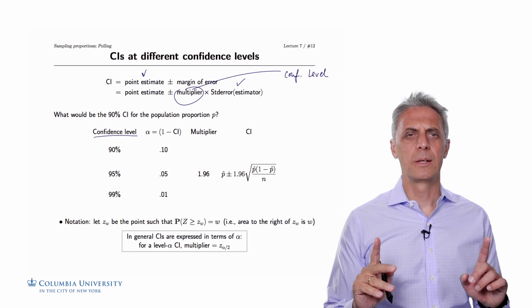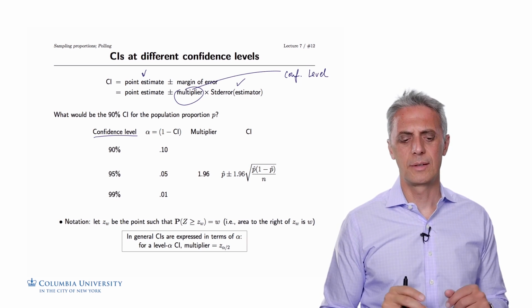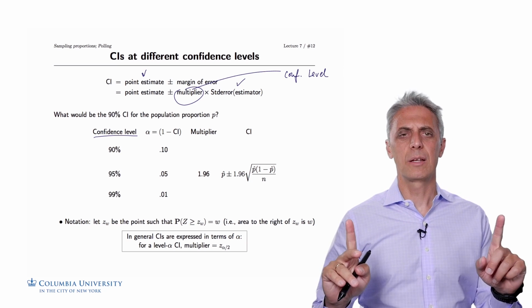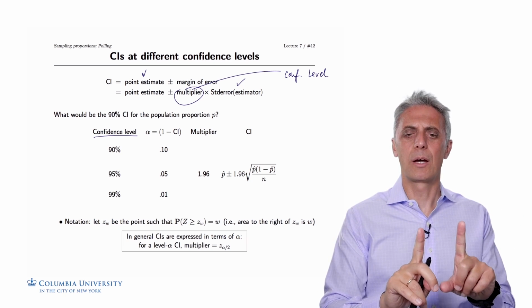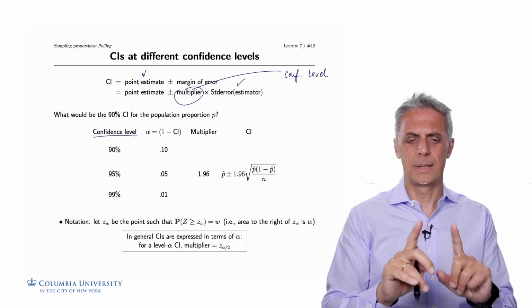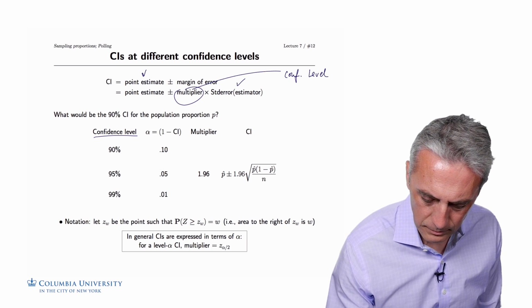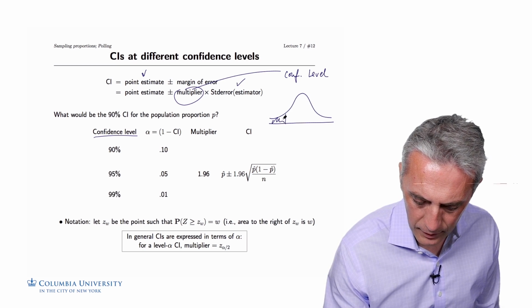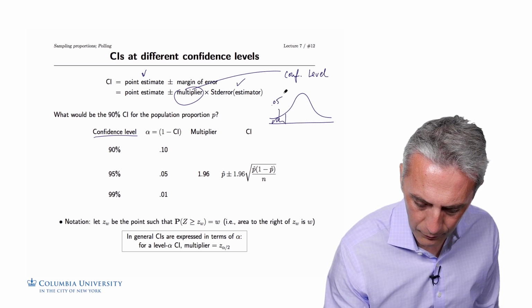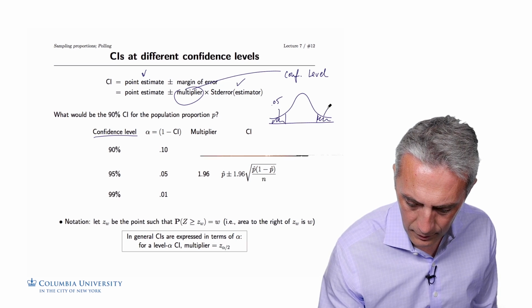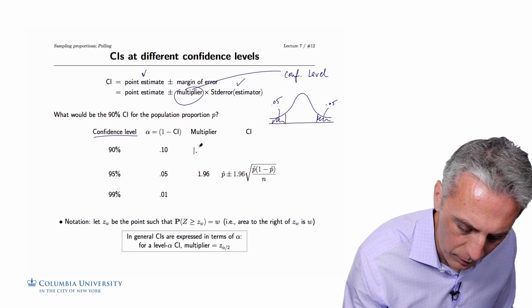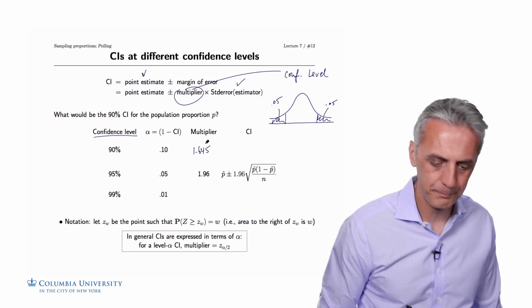Now, if I want to be less confident, so let's say I want to give you a 90% confidence level, I can quote you a narrower interval, right? So if I wanted this tail probability to be 0.05 and this tail probability to be 0.05, my multiplier would have been 1.645.